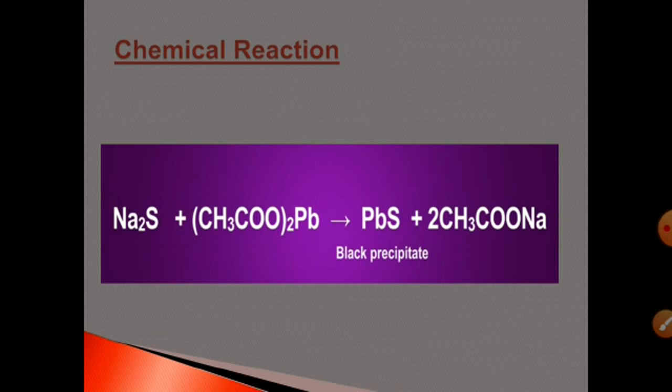This H2S gas reacts with lead acetate, (CH3COO)2Pb. Lead acetate, when it reacts with H2S, is converted into PbS. A black precipitate is formed, which indicates the presence of sulfur.